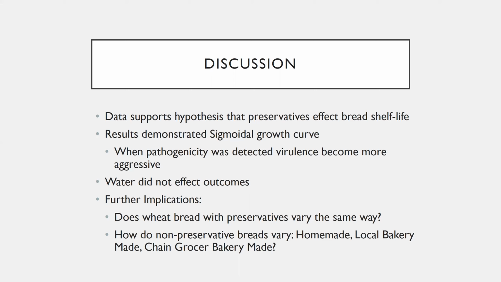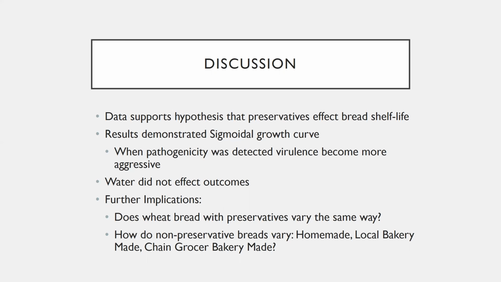And then the results demonstrated a sigmoidal growth curve, as I mentioned, which is that S shape. Basically, what it showed is that as soon as pathogenicity was detected, virulence became more aggressive, and you could see that because of how much it grew.